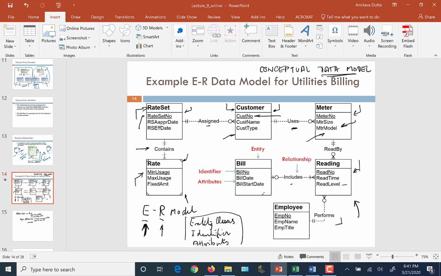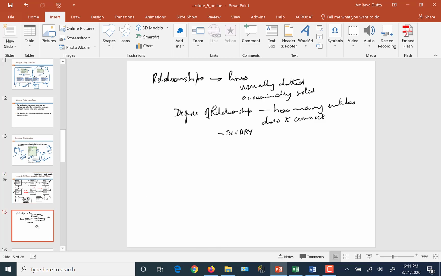If you look at assigned, uses, read by, performs, includes, contains, it just so happens that in this particular data model, all the relationships are binary, and that's by far the most common one. However, just remember that you can also have unary relationships. We'll see examples of that later on, or recursive relationships.